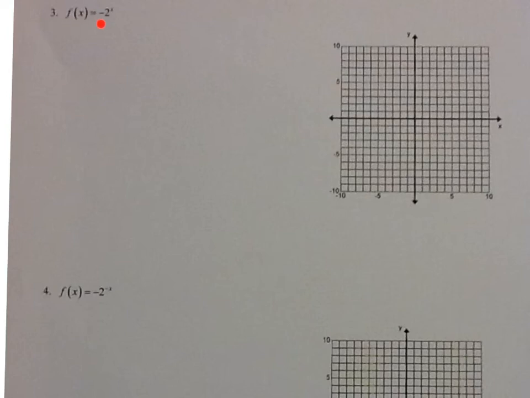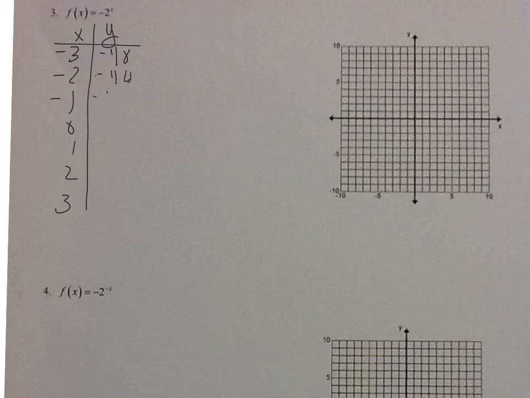Okay, so I have f of x equals -2 to the x power. So let's make a table of values. Plug it in your calculator. We're going to go from -3 to 3. Okay, so look in your table of values. Your y values are -1/8, -1/4, -1/2, -1, -2, -4, and -8.